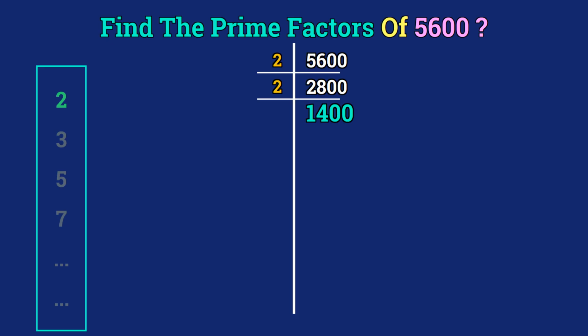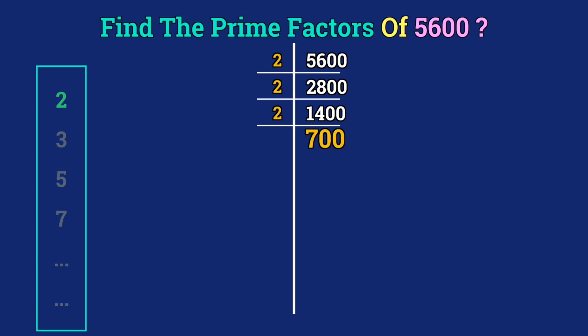Dividing 1400 by 2, which equals 700. So 1400 divided by 2 equals 700. Dividing 700 by 2, which equals 350.